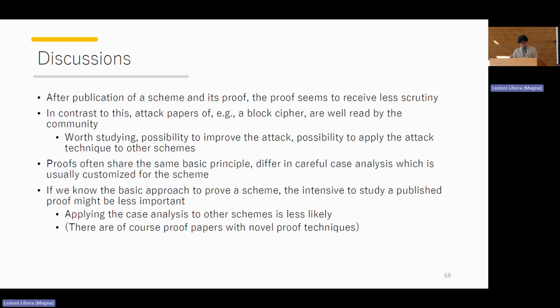And if we know the basic approach to prove a scheme, then the incentive to study a published proof might be less important, because applying the case analysis to other schemes is less likely. Of course, there are papers with novel security proofs, and I'm not saying that I'm covering everything, but that's what I see.